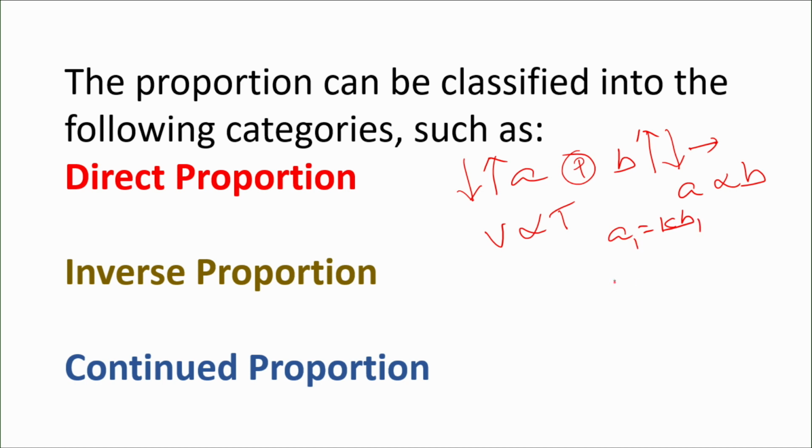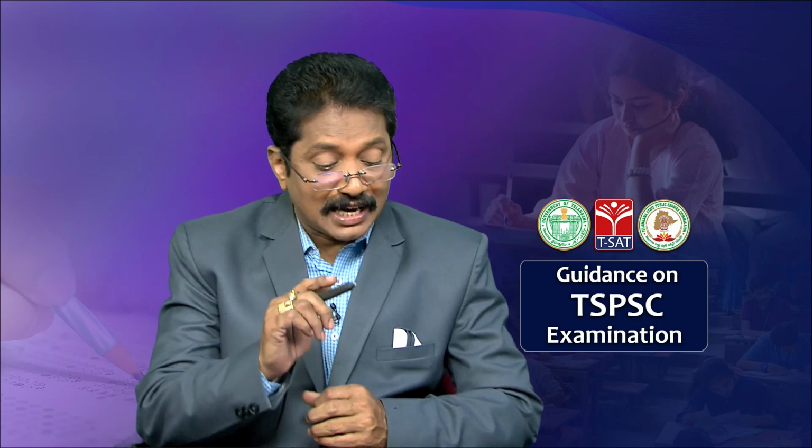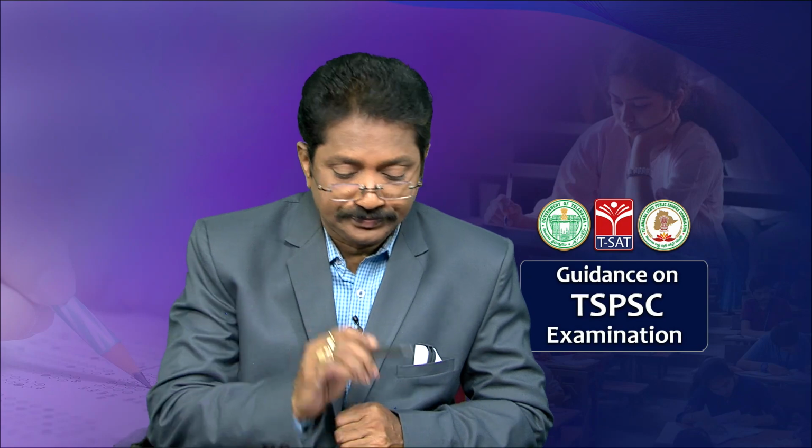When A2 is also proportional to B2, you can say A2 is equal to KB2. Then you can say A1 by A2 is equal to B1 by B2. If A1 by A2 is equal to B1 by B2, then we can say those two quantities are in direct proportion, or A is proportional to B, then A equals KB, where K is a proportionality constant. Clear? That is called direct proportion.